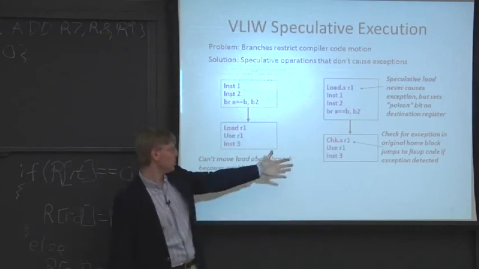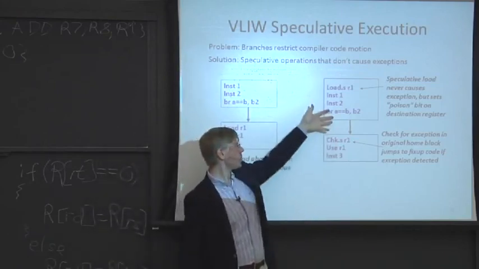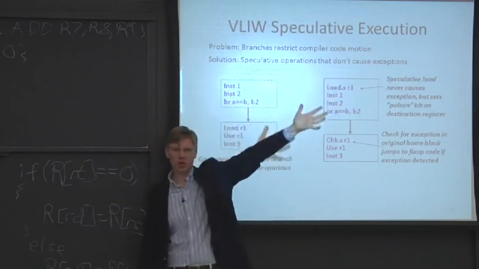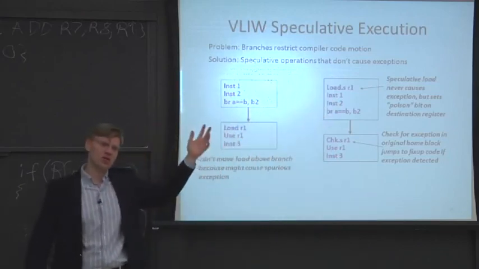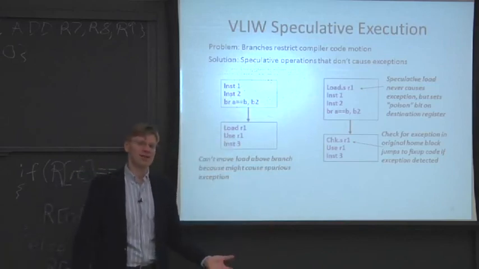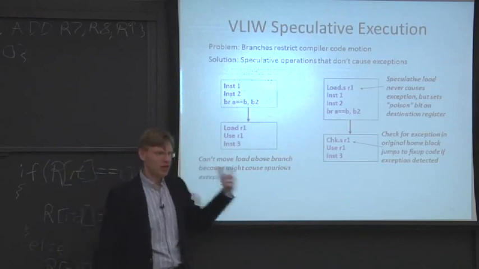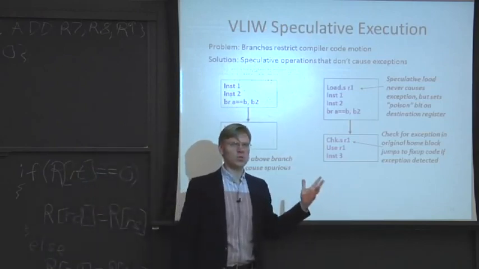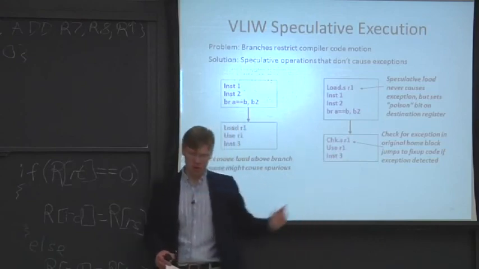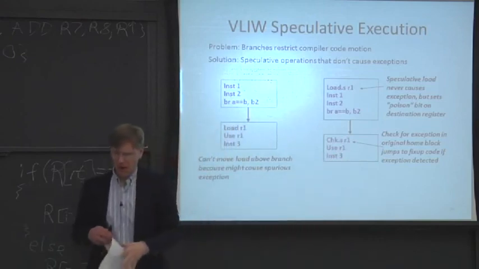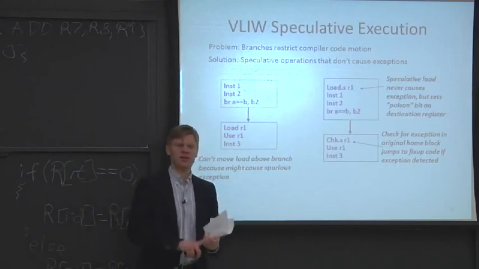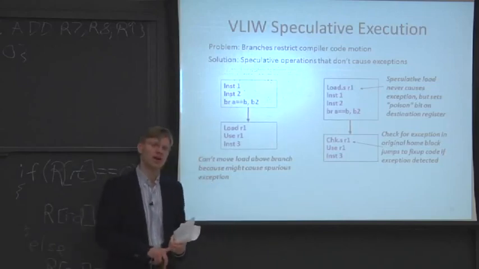OK, so why is this propagation of not a numbers important? Well, this allows you to pull code down here up and above this branch also. So we can pull the load up, we can pull dependent instructions up, and then just as long as we do the check at some point, and check to make sure that the load didn't take an exception, we can basically speculate that the load is fine. We can speculate that the instructions dependent on the load are going to be fine.